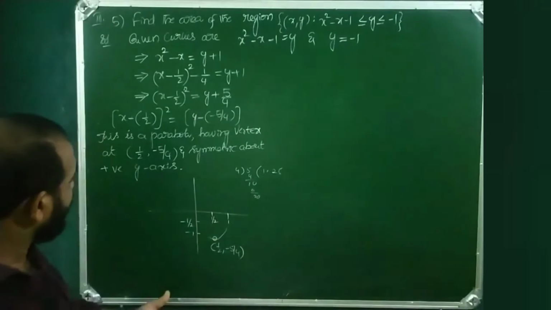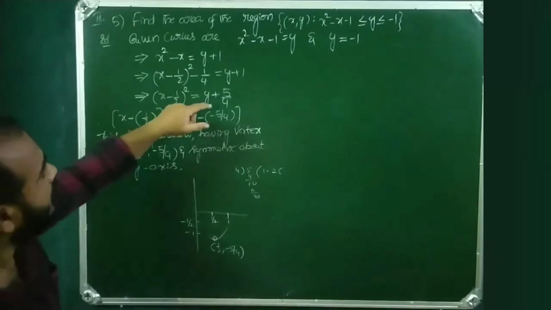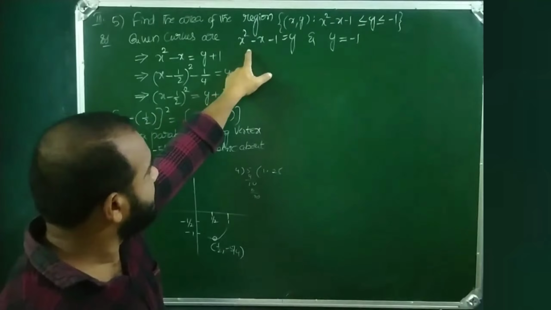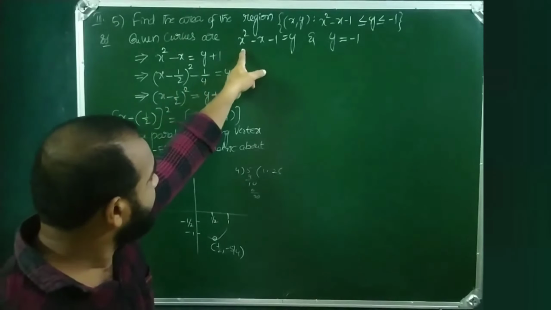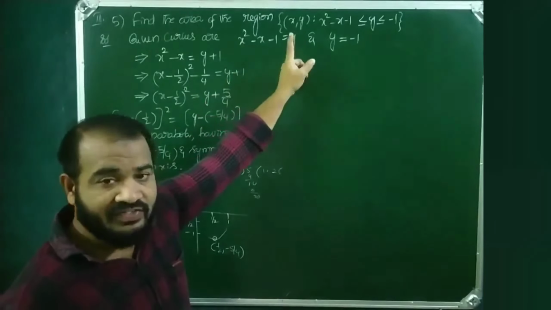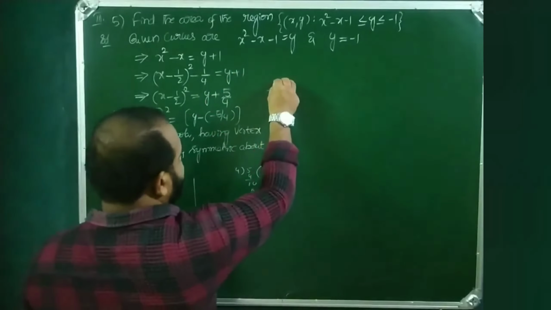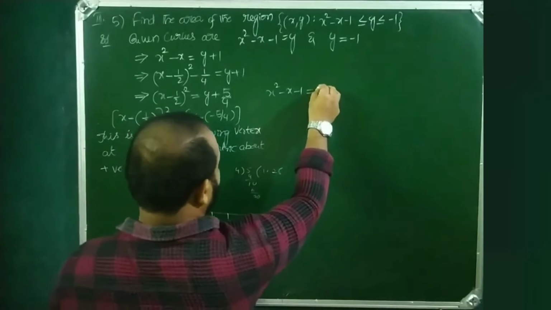And if you want to know where it cuts the x-axis, simply substitute, x-axis means y is equals to 0. Substitute then. So x square minus x minus 1 is equals to 0.